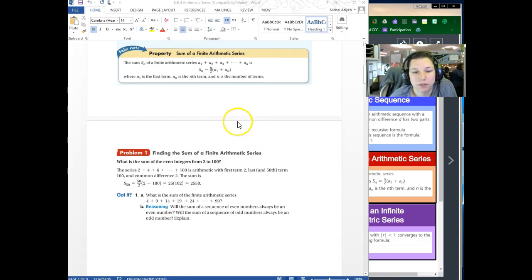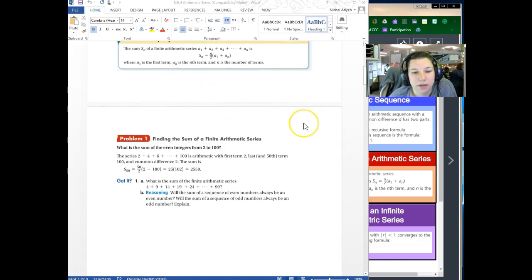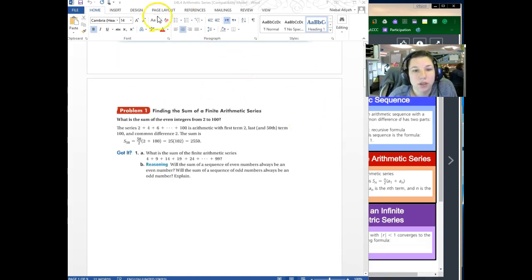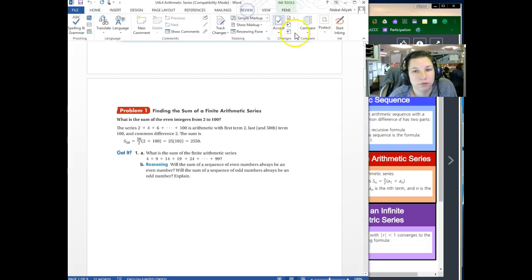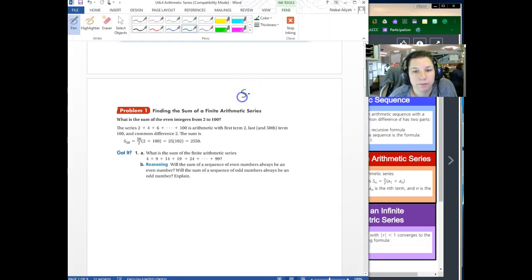So for number 1, what's the sum of the even integers from 2 to 100? So we would just follow that formula. Now if we're doing even integers from 2 to 100, that's 50 terms, right? Because from 1 to 100 would be 100 terms, but we just want the even, so it's cutting that in half.